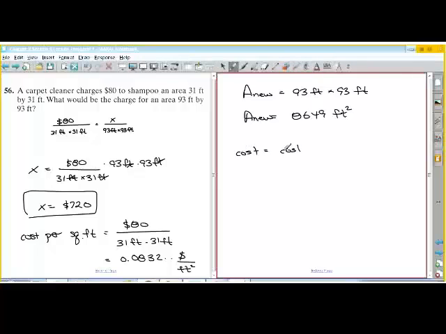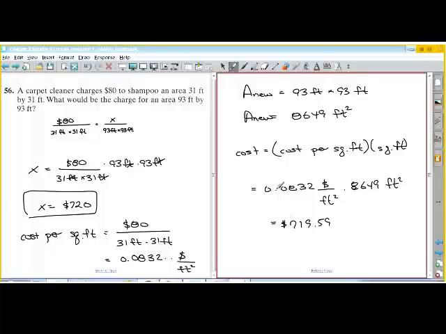So my cost is going to be my cost per square foot times my square footage. I got my cost per square foot by using my initial information. So that's 0.0832 dollars per square foot times 8,649 square feet, and I should get the same answer if I did it right.